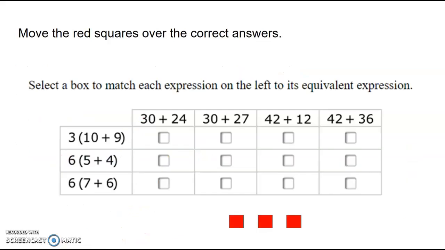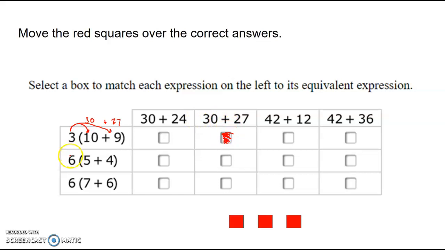Okay, for this problem, you're going to select a box to match each expression. So there's only going to be one answer per row. So let's distribute. 3 times 10 is 30, plus 3 times 9 is 27. So I look across. This is the expression 30 plus 27.